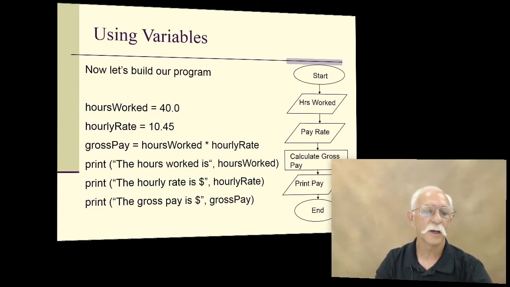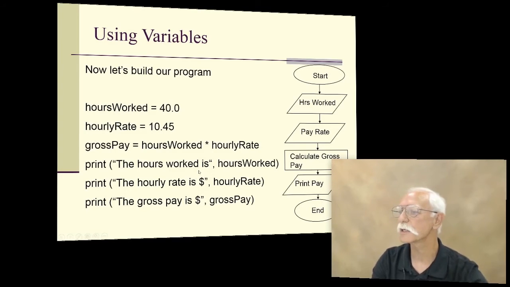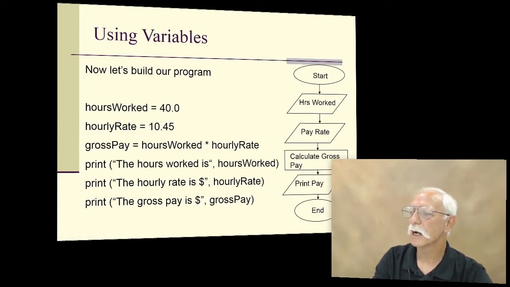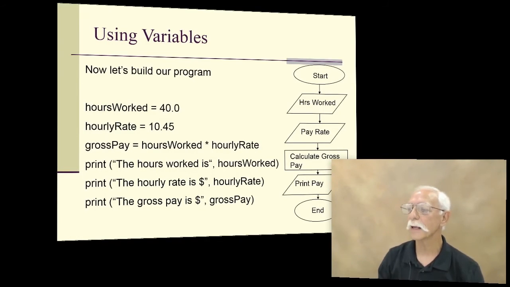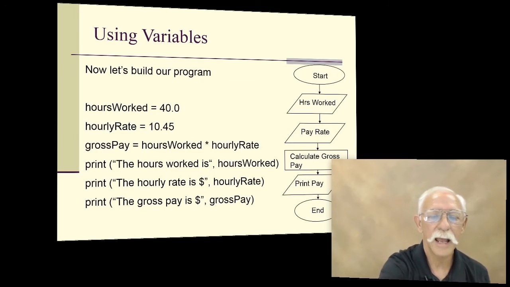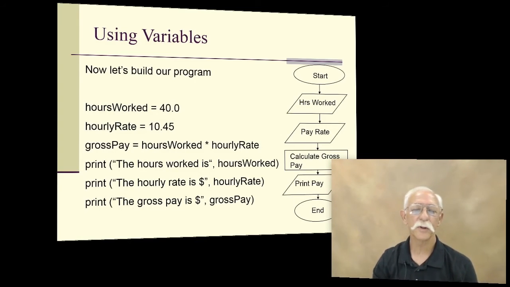So I have "the hours worked is" in quotes, and then I've got a comma and hours worked. So now the variable hours worked is going to be brought back down and added to the end of the string or the sentence, the hours worked is.